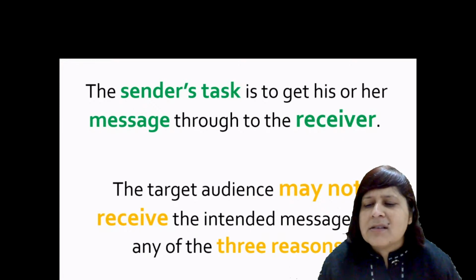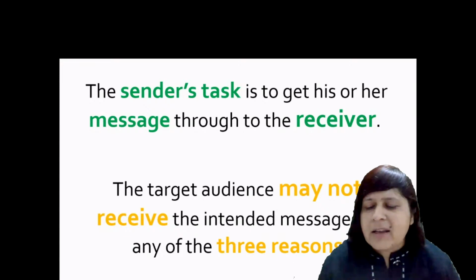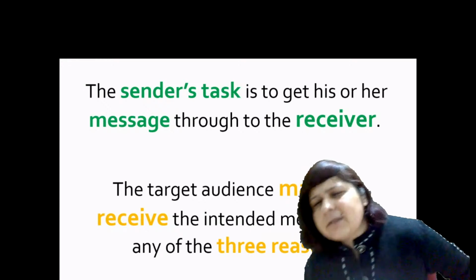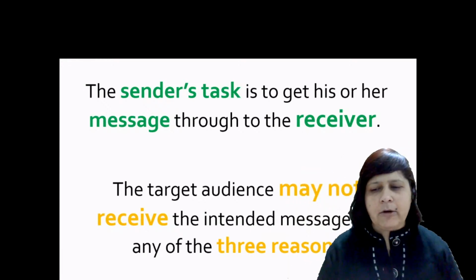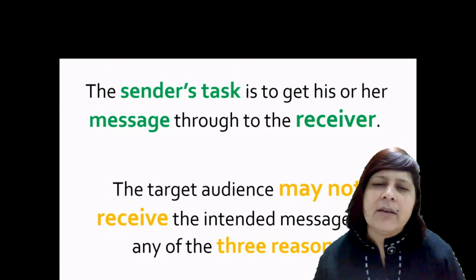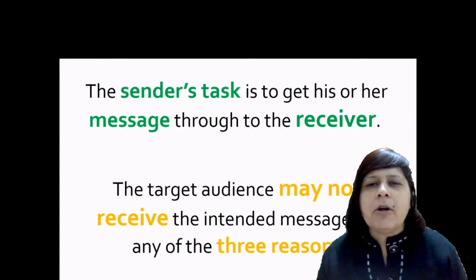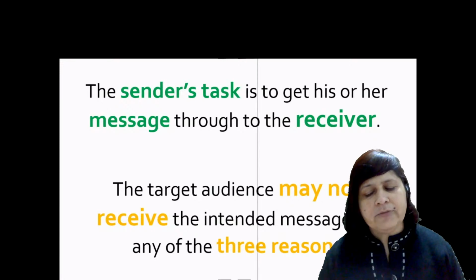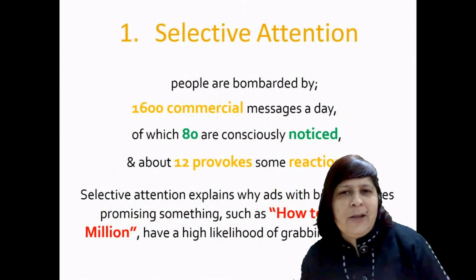The sender's task is to get his or her message through to the receiver, and the target audience may not receive the intended message for any of three reasons. Why do companies, the senders, communicate to the intended target audience? So that they can receive their messages. But at times the target audience may not receive the intended message, for any of three reasons. These are the noises, actually, right?